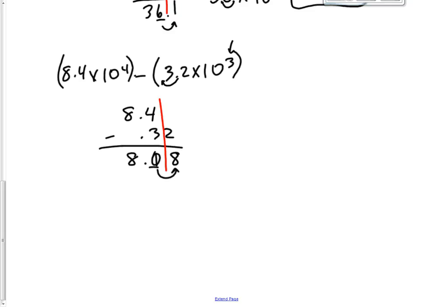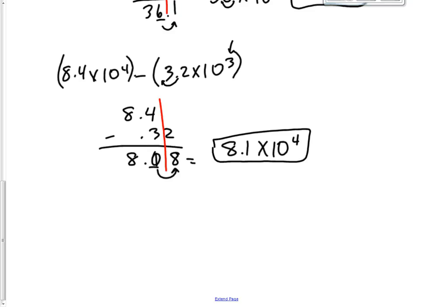We round across that red line. We're going to round the 0 and look to the 8, and that's going to tell us that our base number is 8.1. Bring down our exponent. 8.1 times 10 to the fourth is our answer.